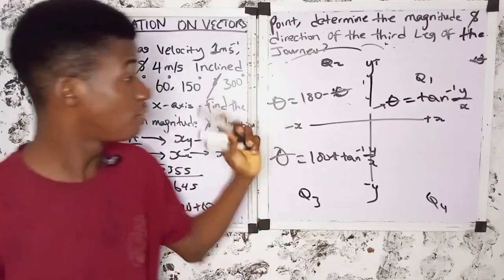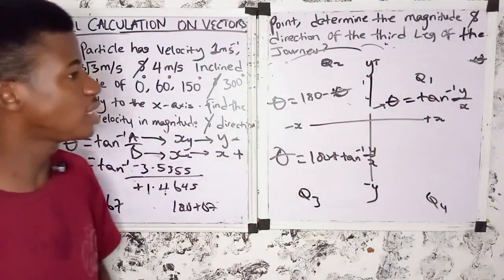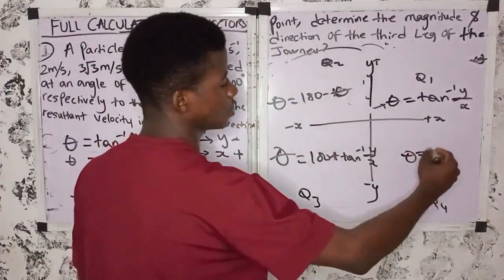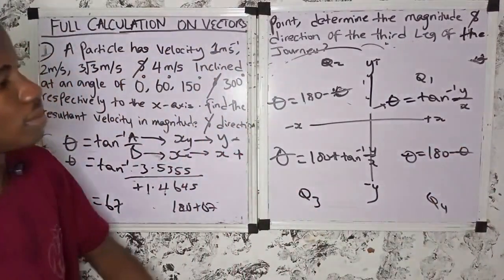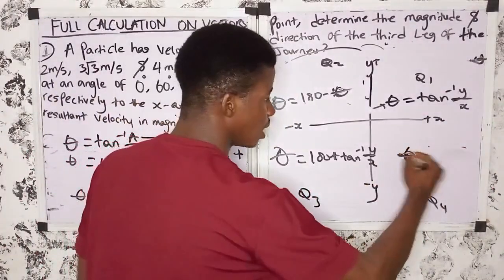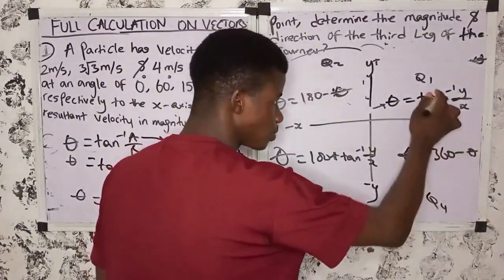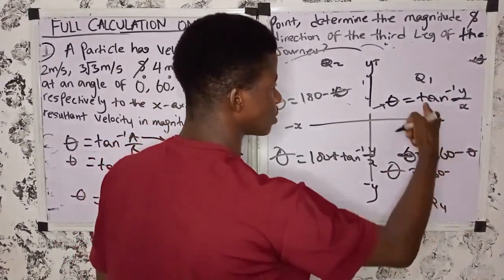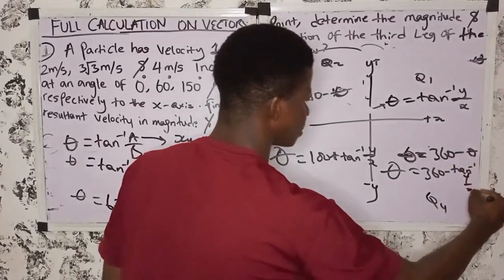It should not be 180 minus theta, rather it should be 360 degrees minus theta. So your overall angle will be 360 minus theta, where theta is inverse of tan y over x.